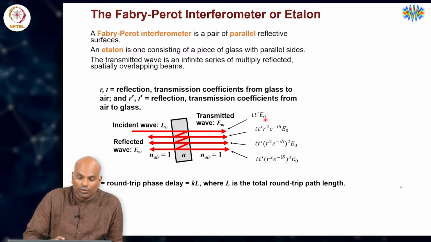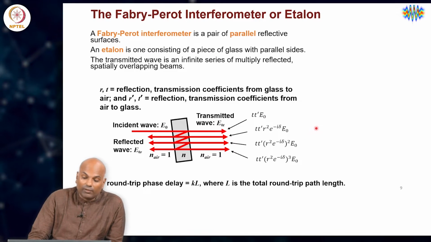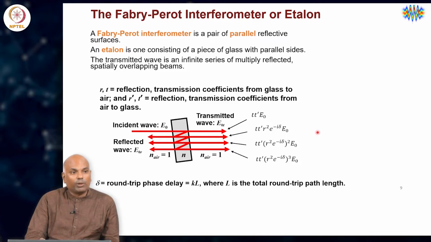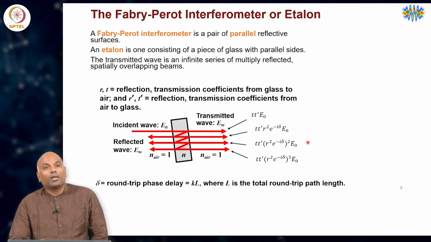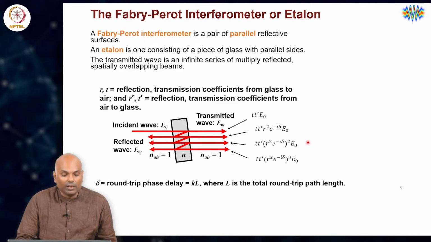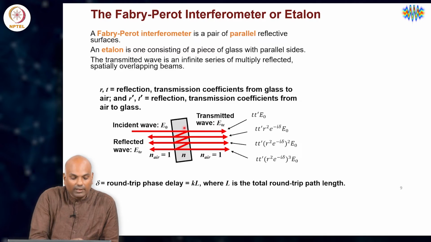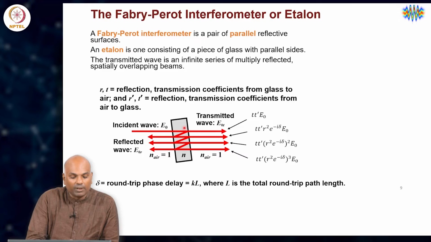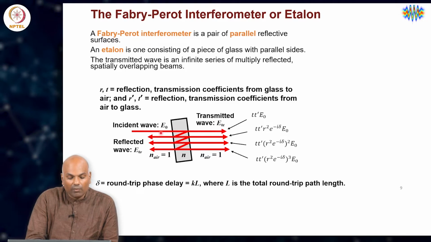I like to stress the adjective amplitude while talking about these coefficients, because as we discuss this, we will also use similar coefficients which are ratios for irradiances or intensities.